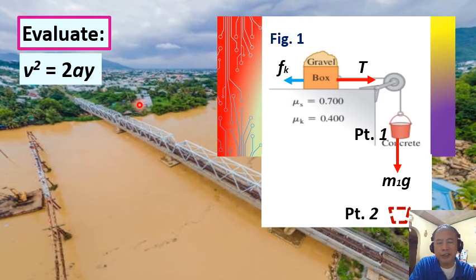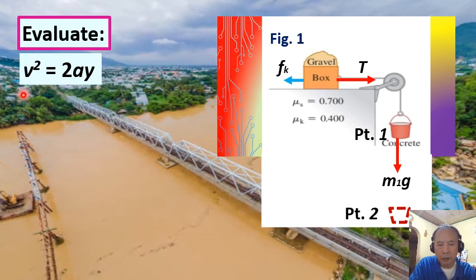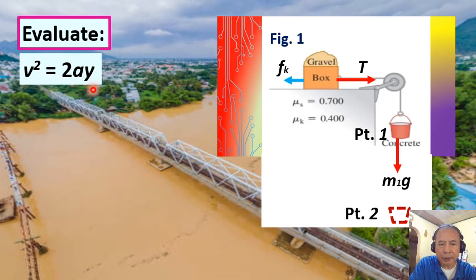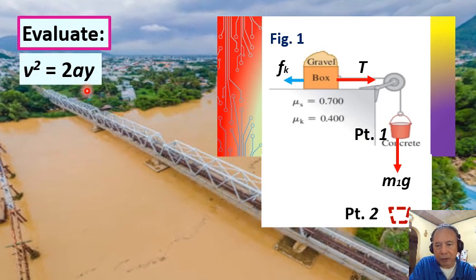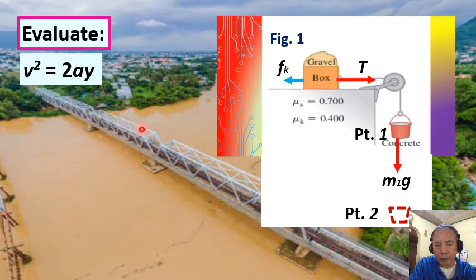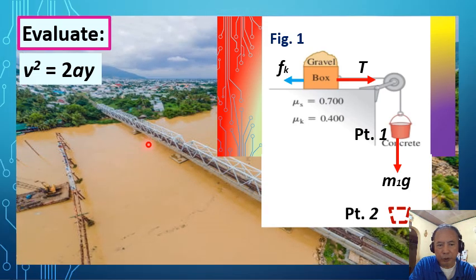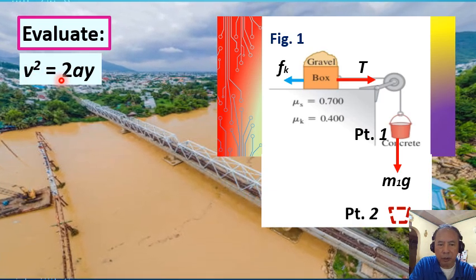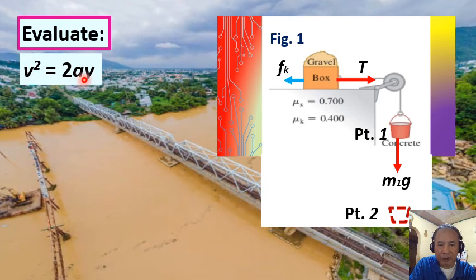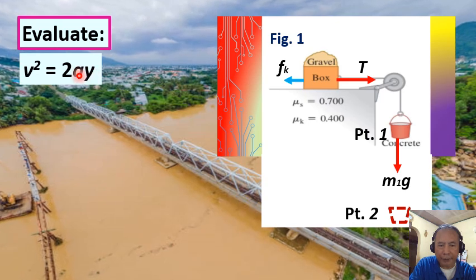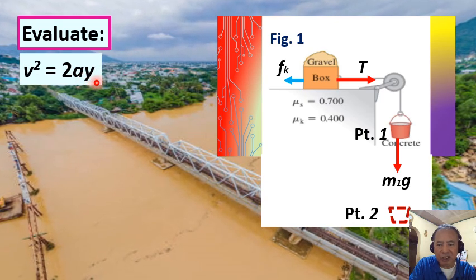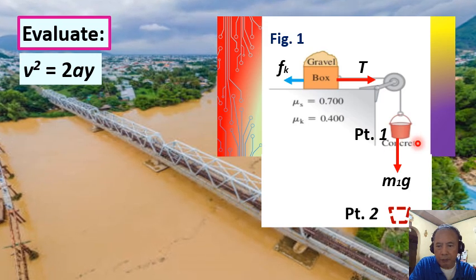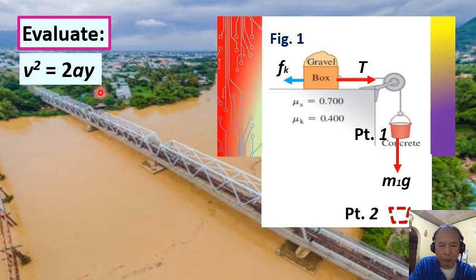Now that we know the acceleration of the system, we can apply the kinematics formula in determining the final speed of the bucket of concrete when it descends 2.00 meters from rest. V squared is equal to 2 times the acceleration and the displacement y. The initial speed of the system or of the bucket is understood to be 0.